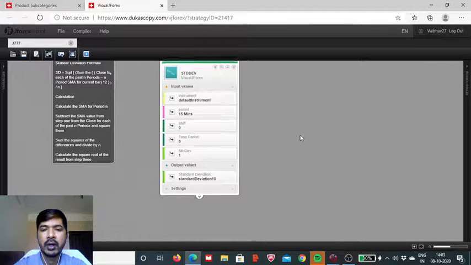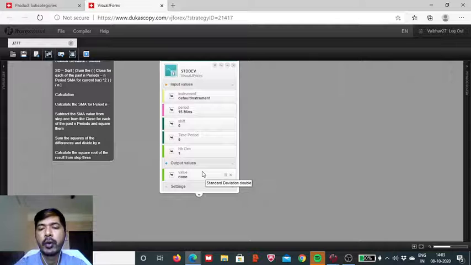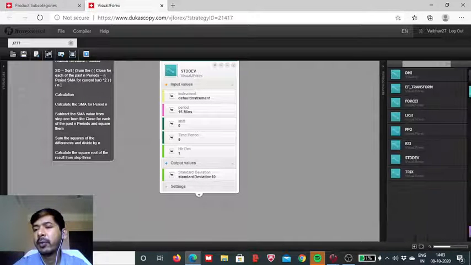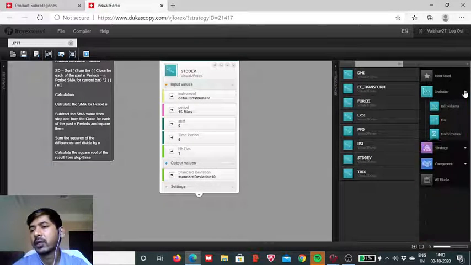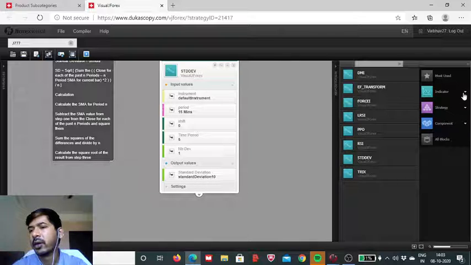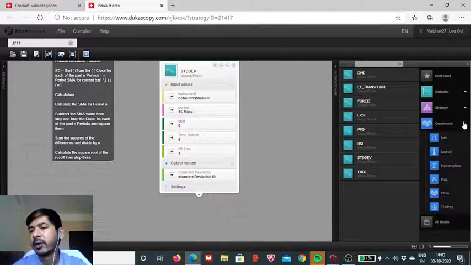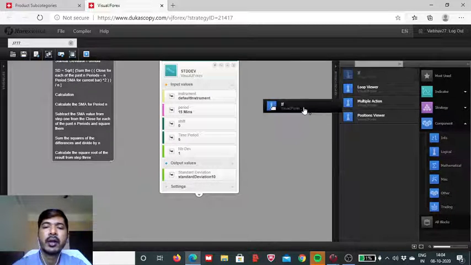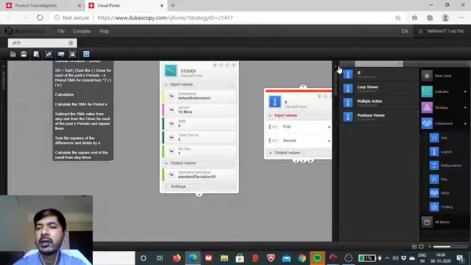Then comes the output value, which is the all important output of our standard deviation block. After we have defined the input parameters, based on them we will get the output value, which then can be put into any logical block if we want to use it for further setup for defining the conditions.